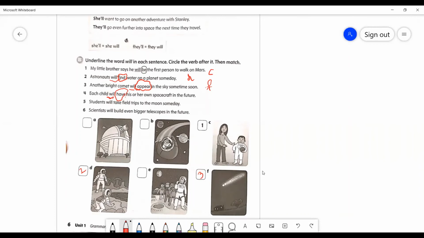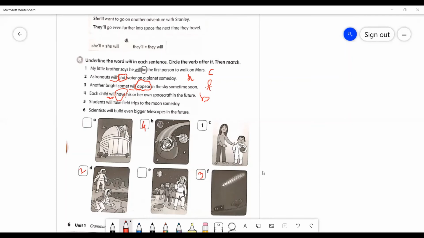The shape which is matching with sentence number 4 is B. So in the place of B we can write number 4. Sorry, this is not proper writing, so let me erase this one and write number 4.